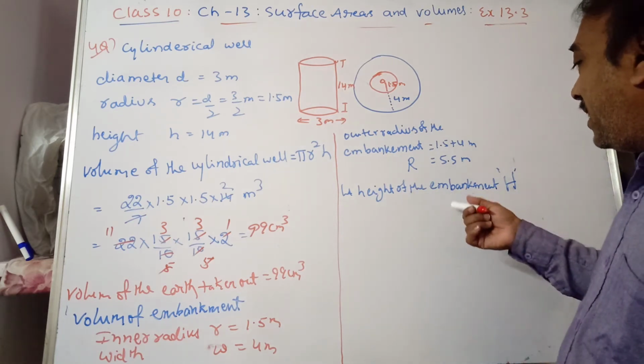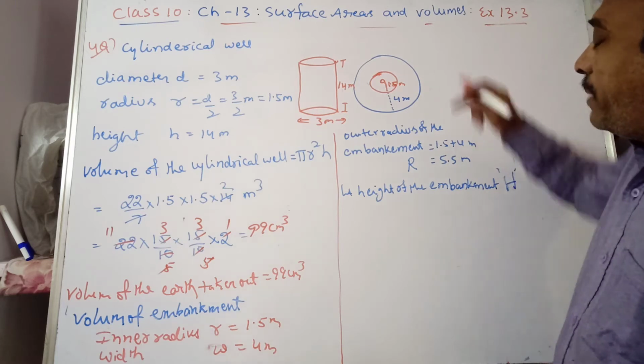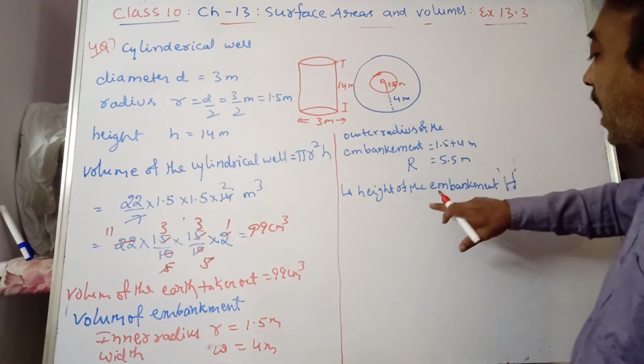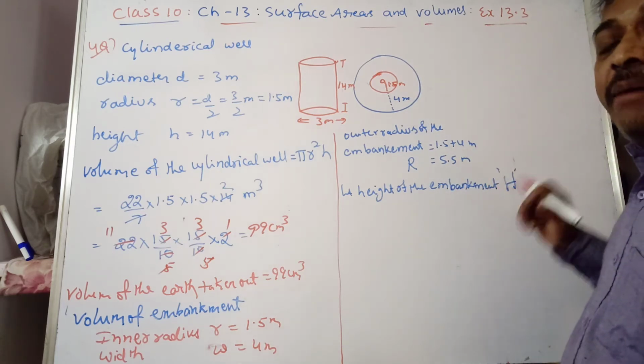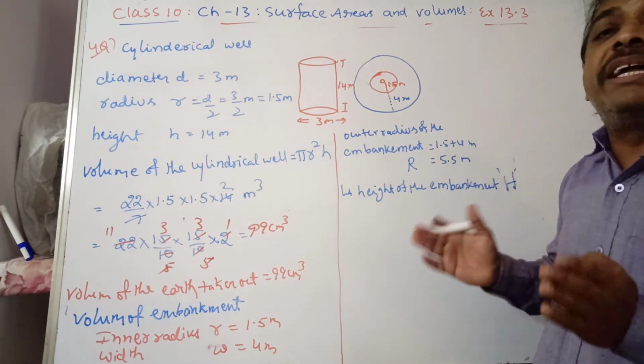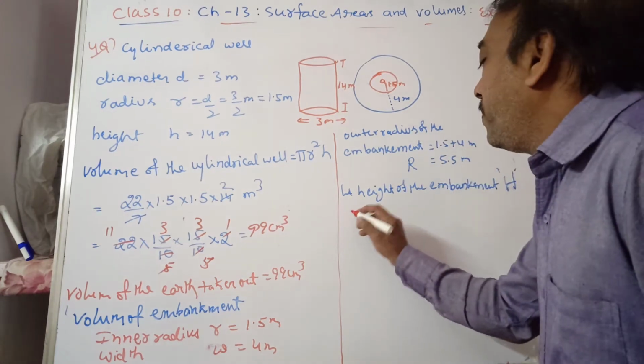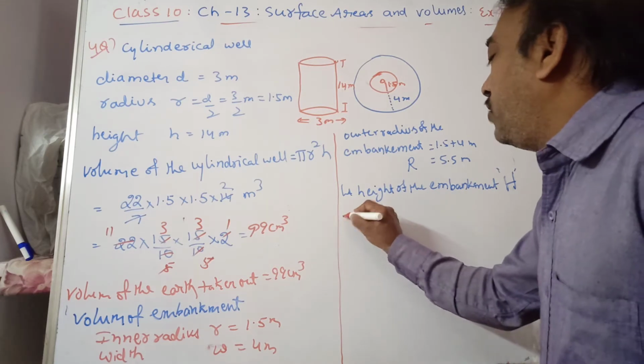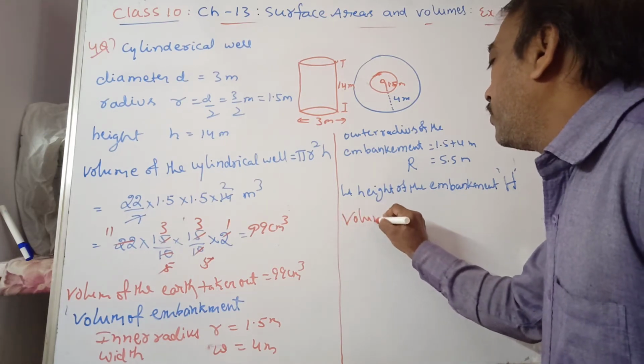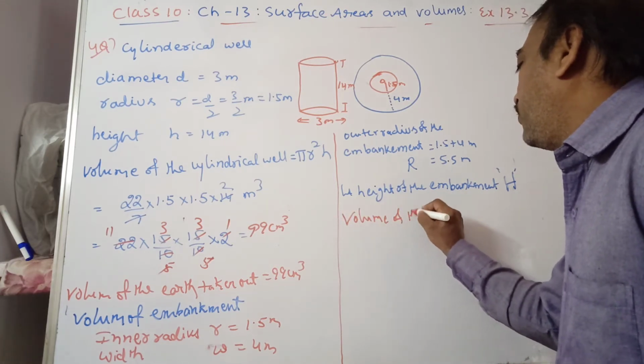But we know, listen here, the volume of the embankment is the volume of the outer minus the volume of the inner.